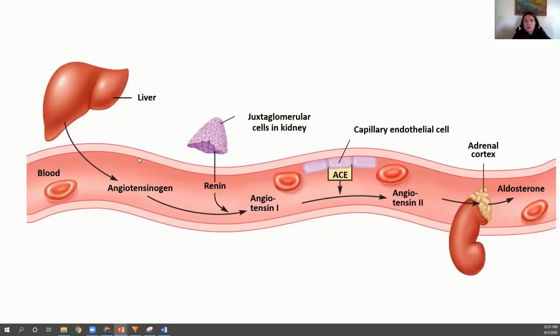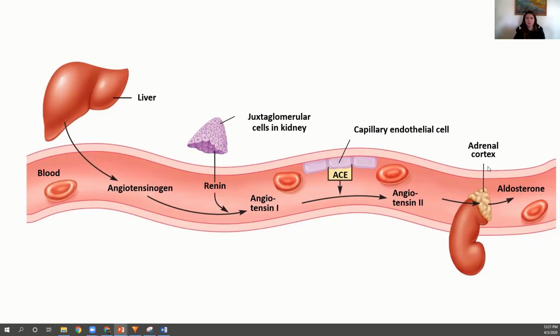Oh well. Okay, so angiotensin is being secreted by the liver, so we see that over here on the left-hand side. Angiotensin turns into angiotensin 1 if we're secreting renin. Then angiotensin 1, when it hits our capillary endothelial cell, bumps into this molecule ACE, which is an enzyme, turning it into angiotensin 2.